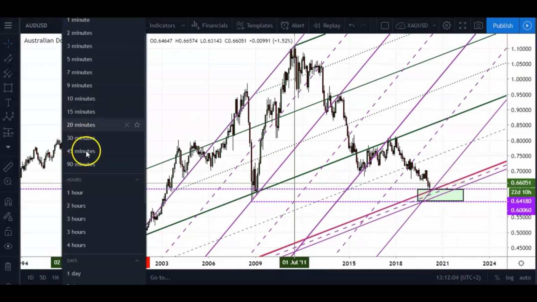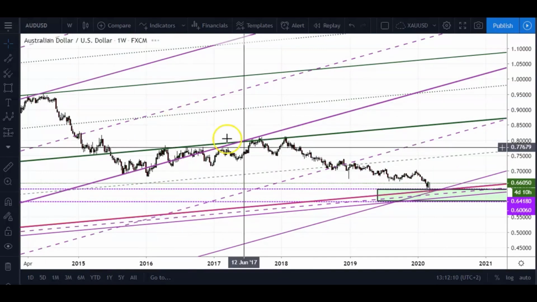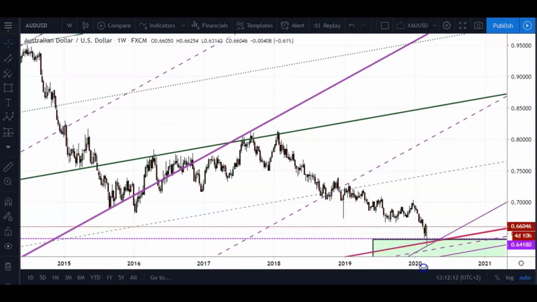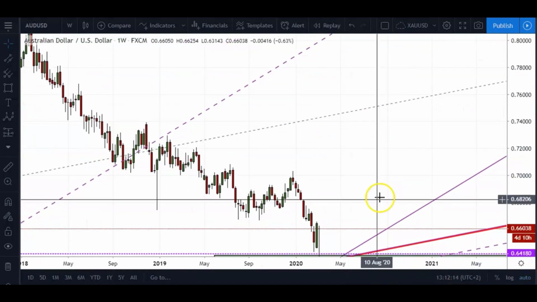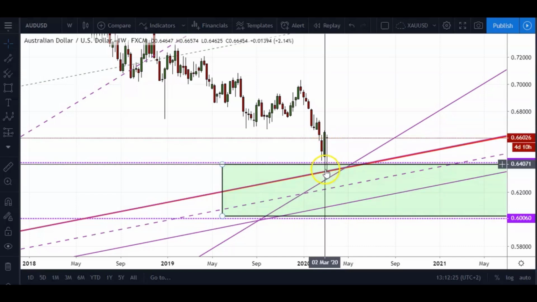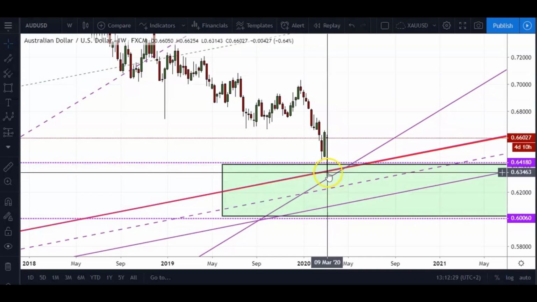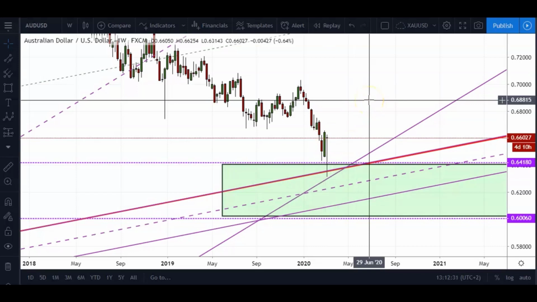And this is where you can then go into a smaller time frame. If you've done your analysis on a monthly, I would say you can go to a weekly, and you'll see that price has already opened this trading week, the 9th of March, around this level, 0.601 somewhere. It went straight down, touched these lines that I showed you earlier, and has reacted immediately to the upside.